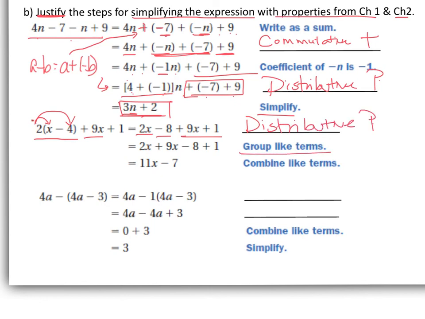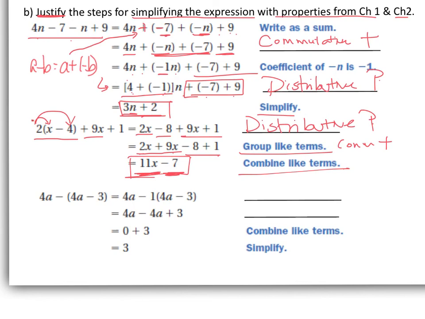I need to group like terms. I put 2x and 9x together and the constant terms together. And this is the commutative property of addition. And 2x plus 9x gives me 11x. Negative 8 plus 1 gives me negative 7. And this 11x minus 7 will be my expression in simplest form.